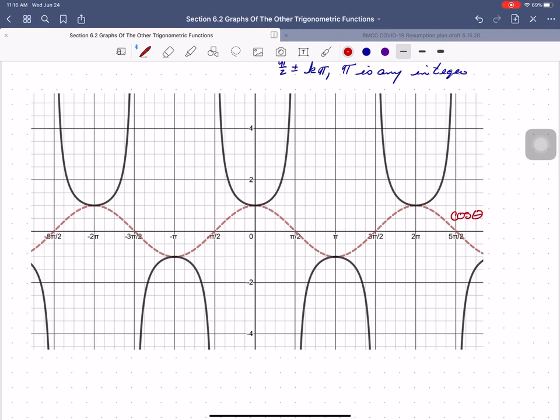And this really helps anytime you're graphing either secant or cosecant. We'll talk about cosecant in a minute. Because what you do when you graph secant is you really take cosine and you blow it up. So the black curve is the graph of y equals secant theta, which is 1 over cosine theta.